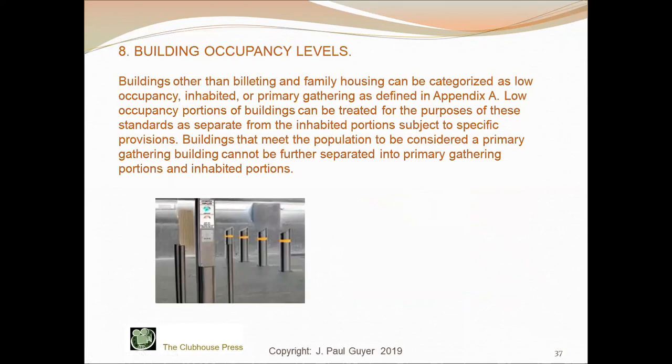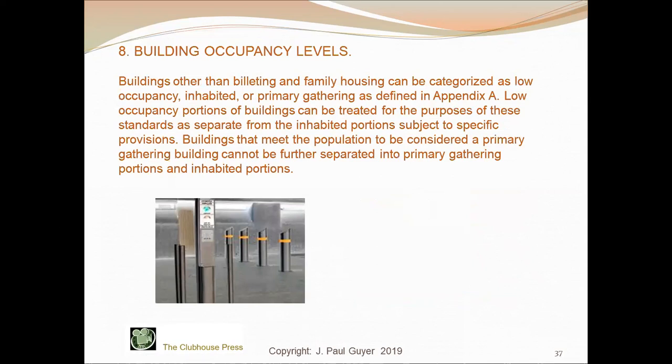Now some comments on building occupancy levels. Buildings other than residential and family housing can be categorized as low occupancy, inhabited, or primary gathering.